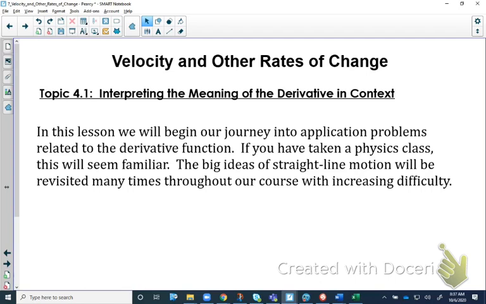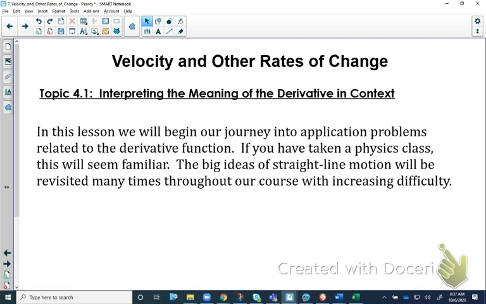The material that we're going to be introduced to here, as far as what we're going to be looking at for position, velocity, and acceleration, is going to follow us through most of this school year, okay? So it's a very important lesson. There's a lot of information to get through, so I'm going to try and get through it as quickly and efficiently as possible. But that being said, let's go ahead and get started on it.